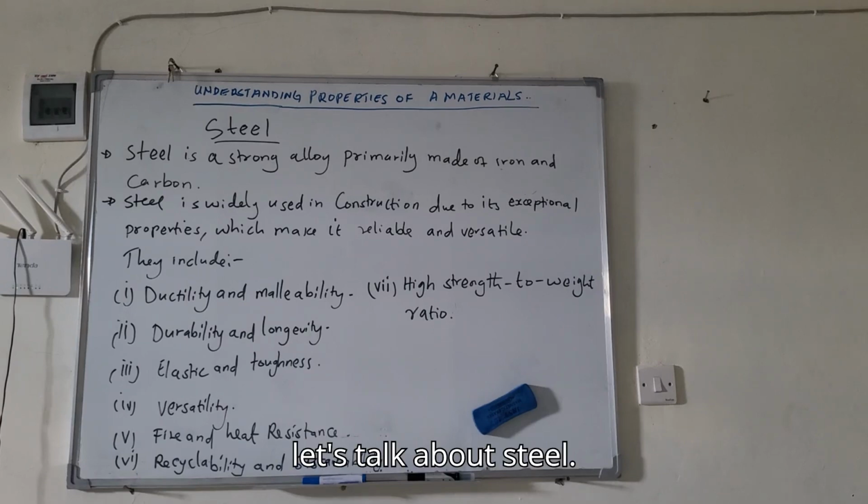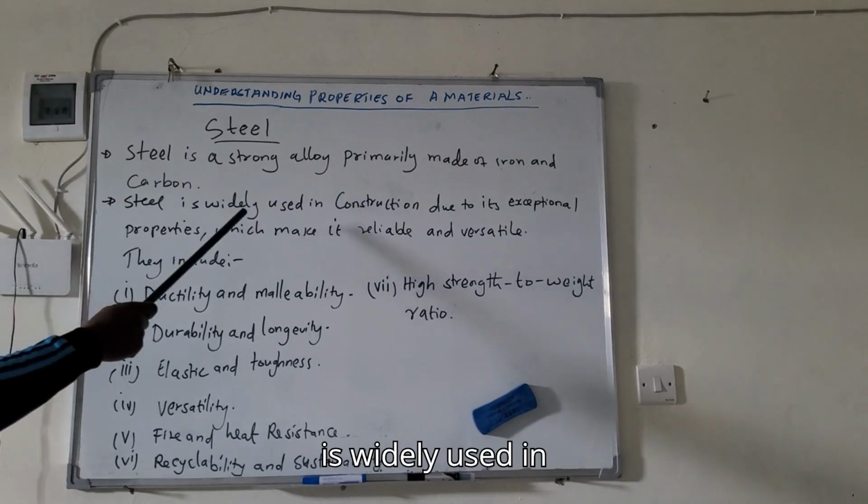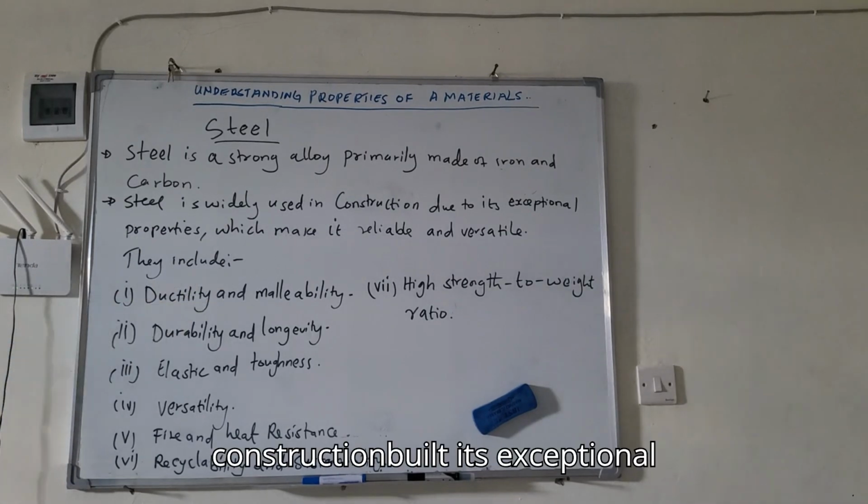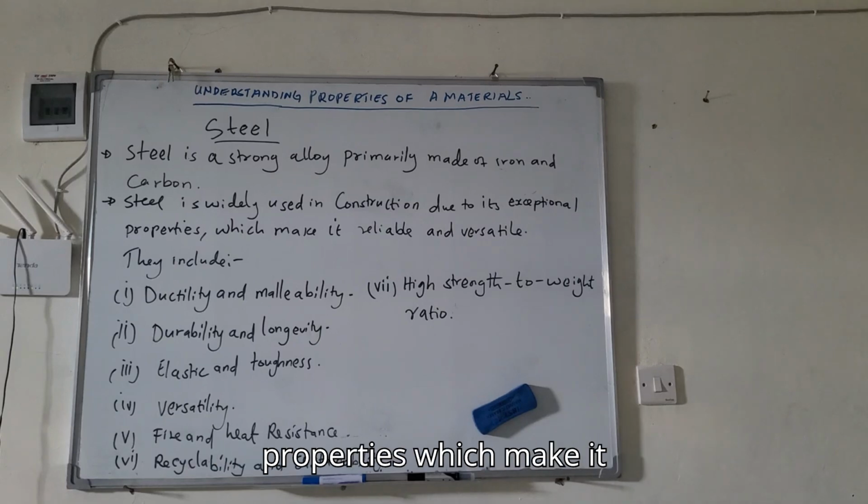Let's talk about steel. Steel is a strong alloy primarily made of iron and carbon. Steel is widely used in construction due to its exceptional properties which make it reliable and versatile.